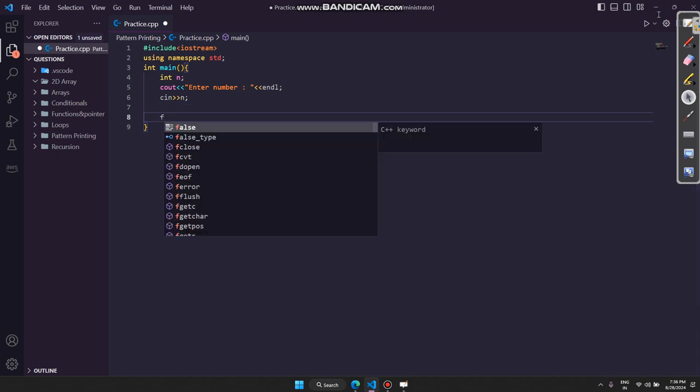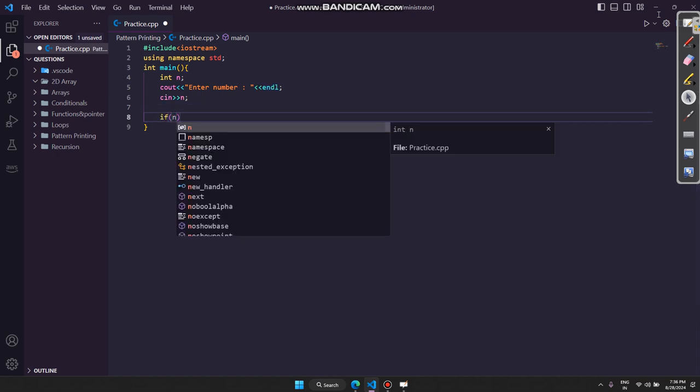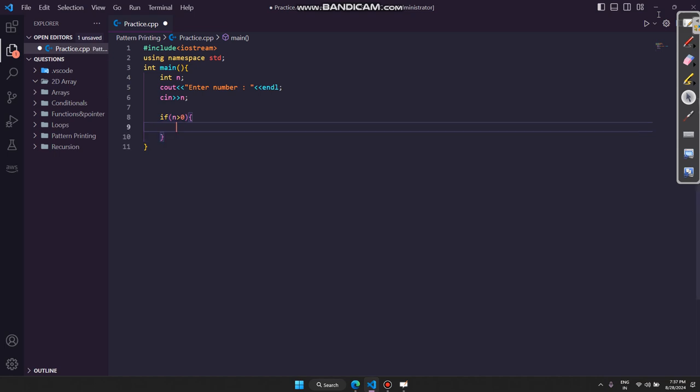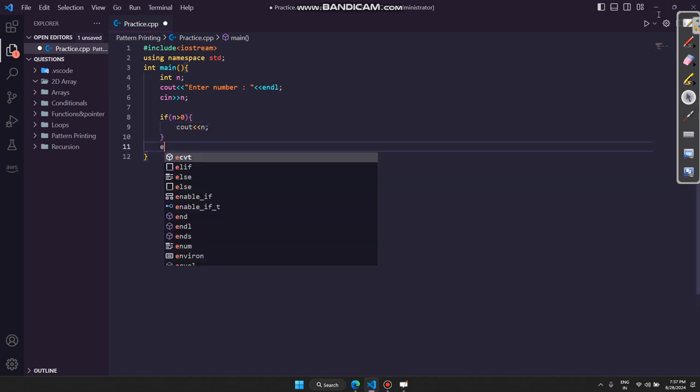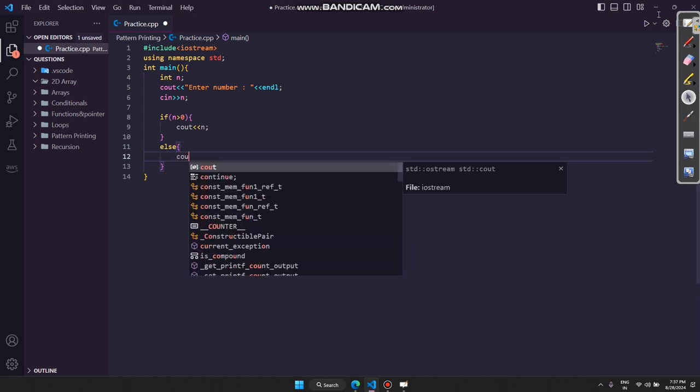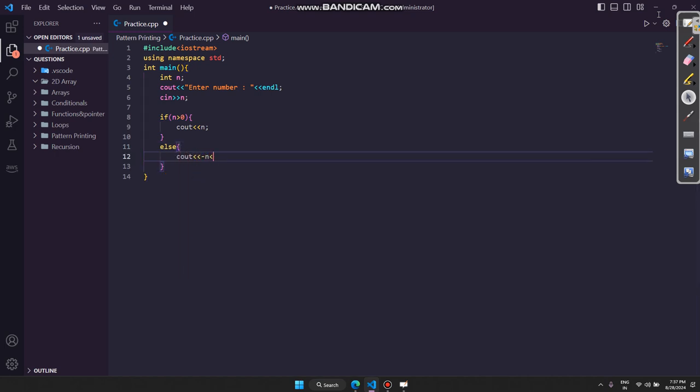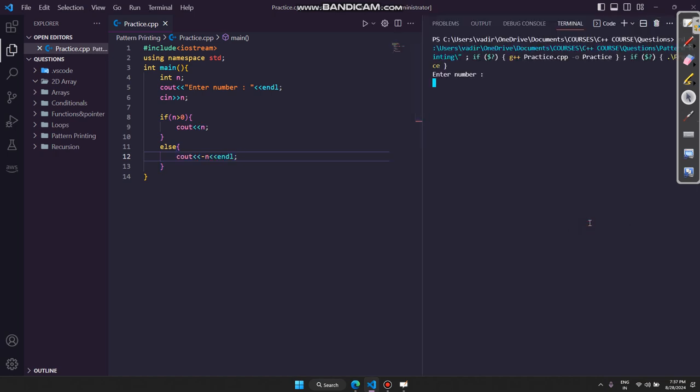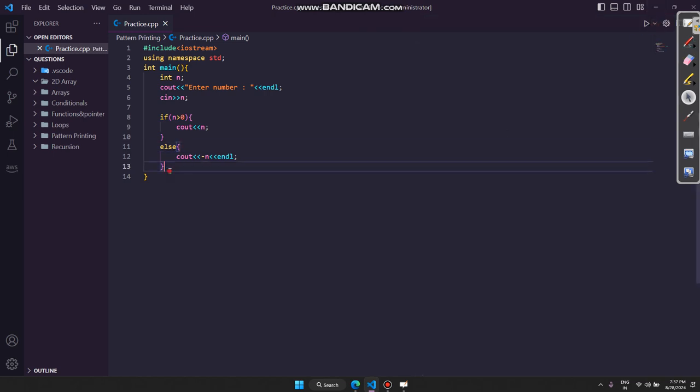Now we apply the logic. If n is greater than 0, there is no need to add a minus, so just print n only. Else cout minus n. Simple. If I enter the number 5, it will print 5 only. If I enter minus 5, then also it will print 5 only. So here was the logic.